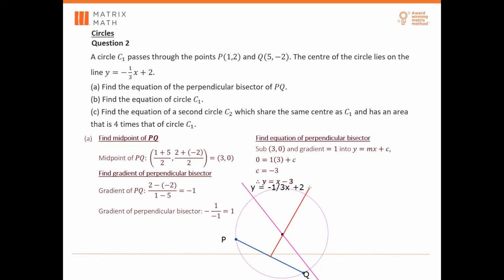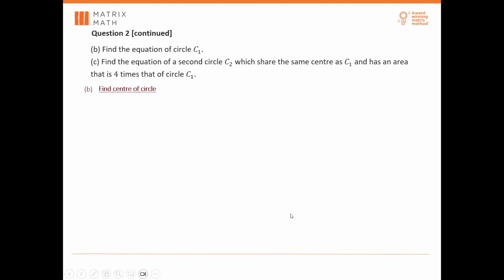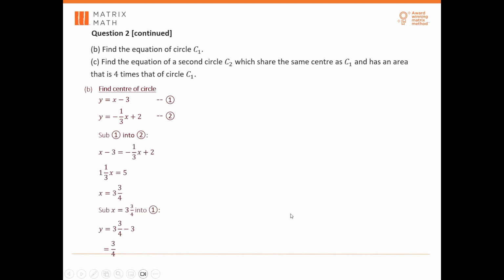So all you have to do is the simultaneous equation of the perpendicular bisector and the line given to you here. As I mentioned, you'll be able to find the center of the circle. So I'll show you straight away. The coordinates of the center of the circle are 3 3/4 and 3/4.